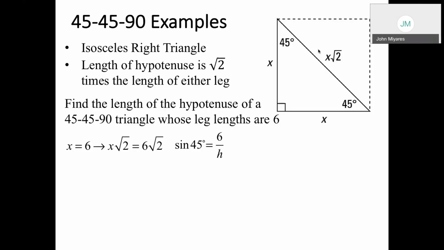Looking at this triangle, we can see that the ratio of the opposite to the hypotenuse will give you x over x root 2, which reduces to just 1 over root 2. So we could write it as 1 over root 2 equals 6 over h, which then if we cross multiply gives us the hypotenuse h equals 6 times the square root of 2.